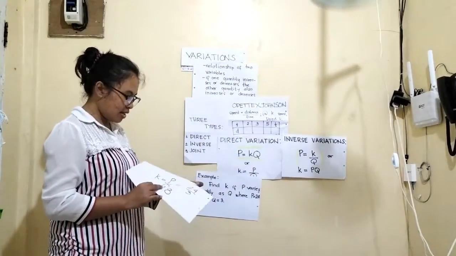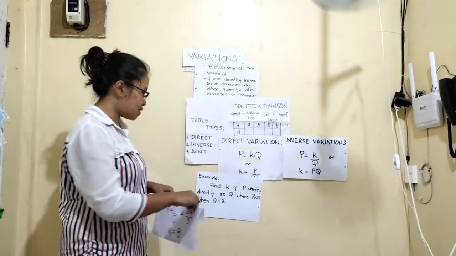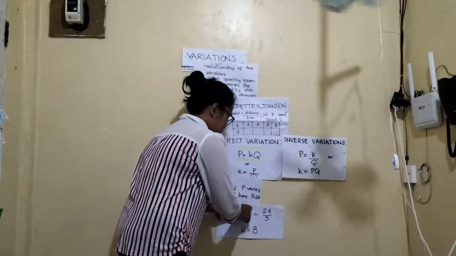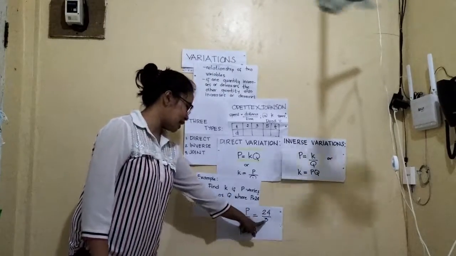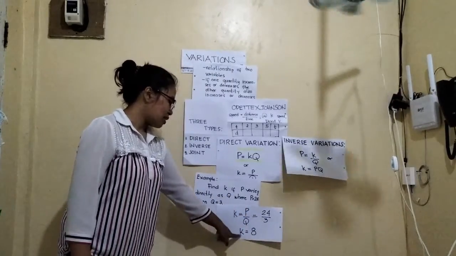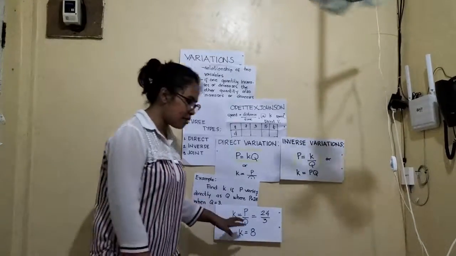Q is given, P is given, K is the one that we must find. So, P is 24 divided by 3. Then K, our constant K, is equal to 8. And this is the answer of our first example.